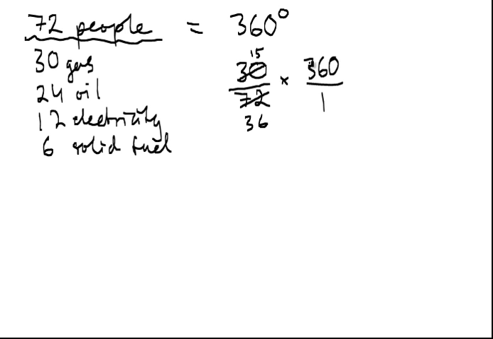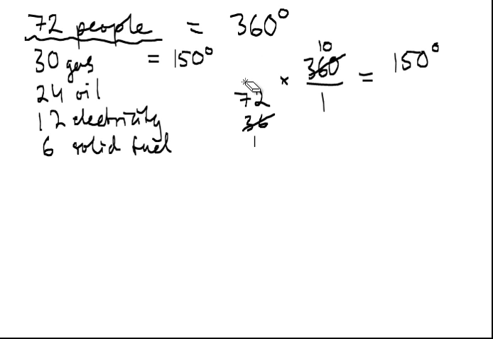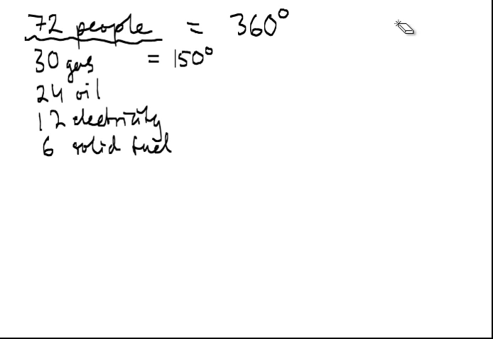So there's a 36 in here. If we cross out 36 down here and the 36 in here, we have 10 left. Now we have 15 times 10, and down here 1 times 1, which is 15 times 10 is 150 degrees. So 30 people is the same as 150 degrees in the circle.